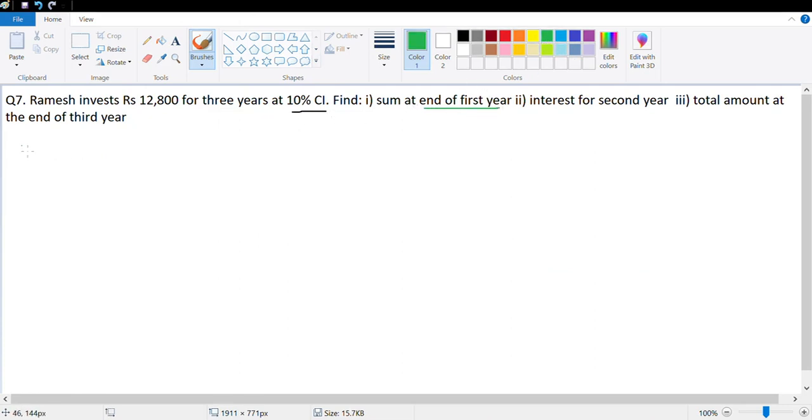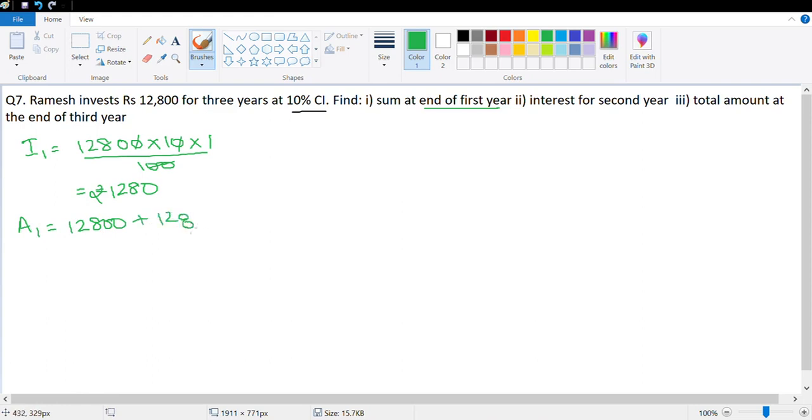Okay, so interest for first year would be equal to principal 12,800 multiplied with rate multiplied with time upon 100, and that's rupees 1,280, which means amount 1 will be equal to 12,800 plus 1,280, which is equal to 14,080. So the amount at the end of first year is 14,080.